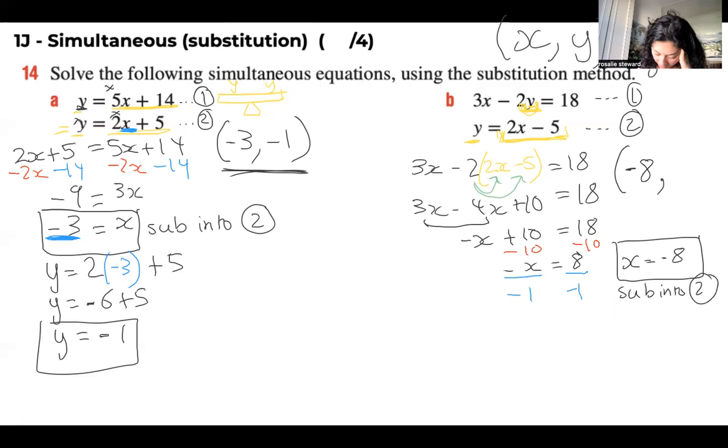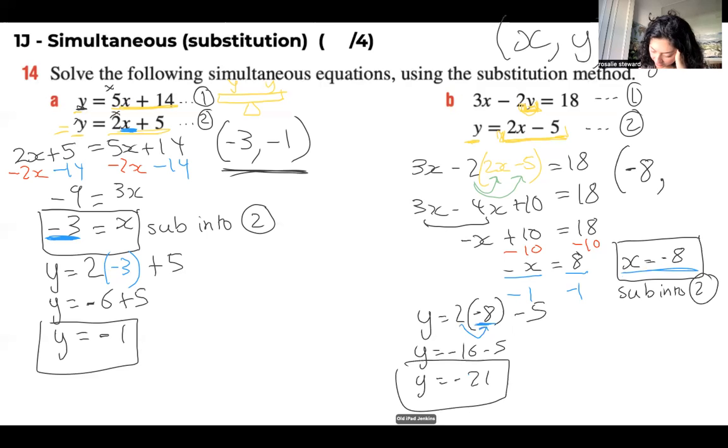So I write equation 2: y equals 2 times -8, minus 5. Expand like normal. y equals -16 minus 5. y equals -21. So that is your answer. Kind of long, kind of cool. Yeah, it works. Let me just pause for a second.